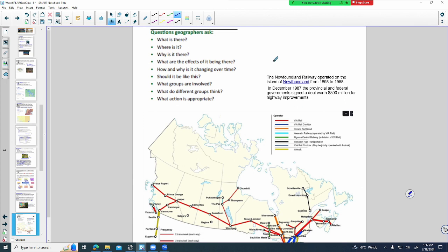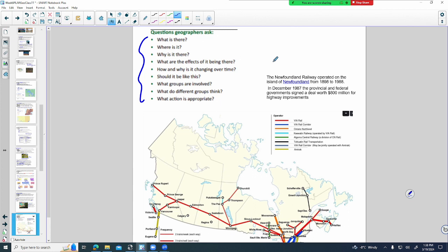So some questions. What is there? Where is it? Why is it there? What are the effects of it being there? How and why is it changing over time? Should it be like this? What groups are involved? What do different groups think? And what action is appropriate?